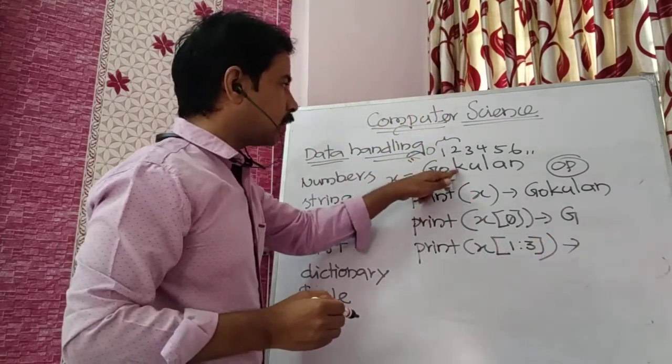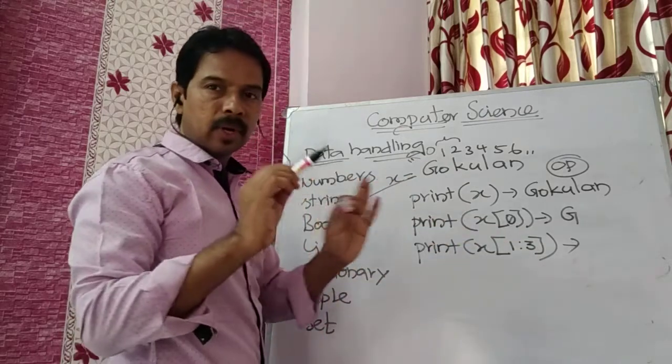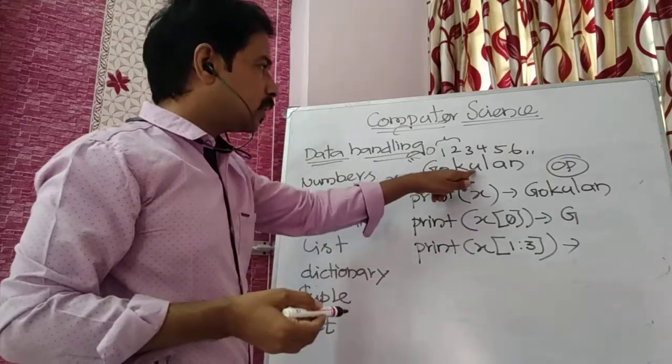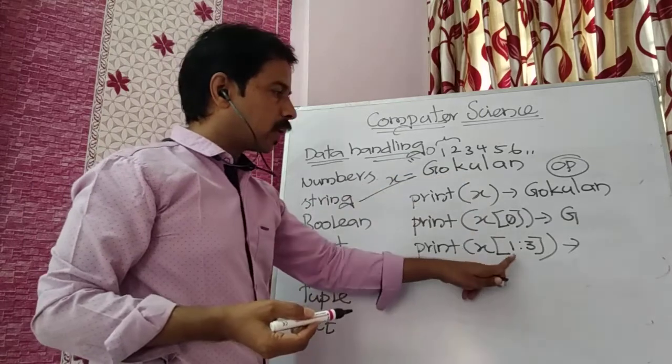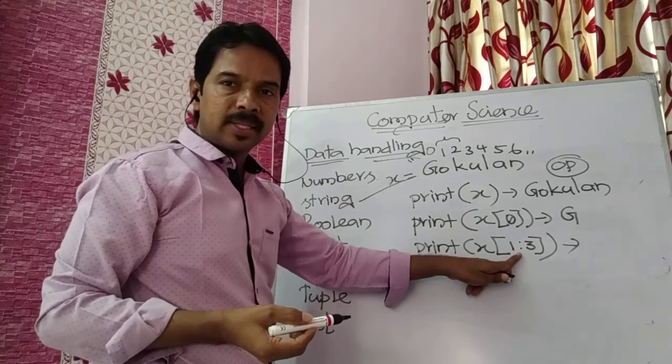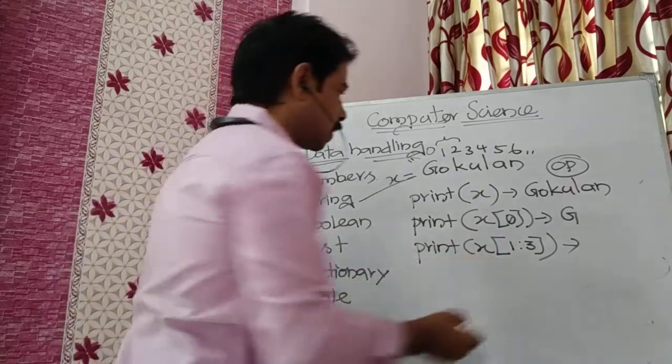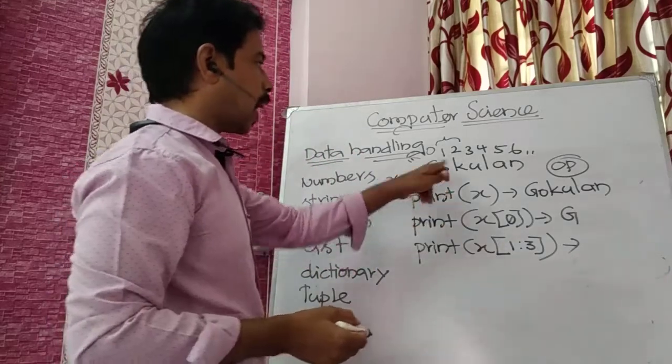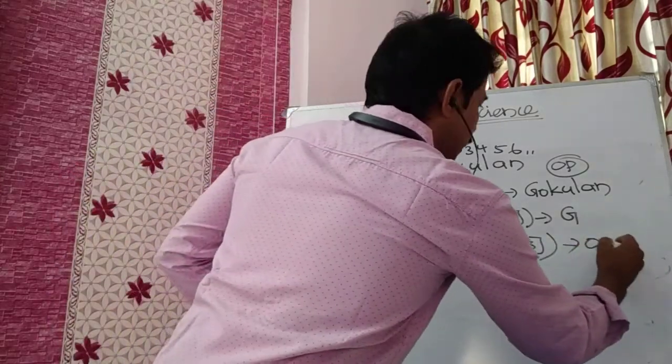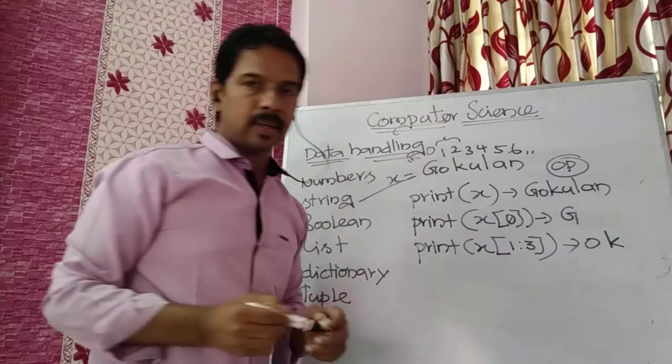If you want to print the U also, you have to give 1:4. So here the answer is O and K.